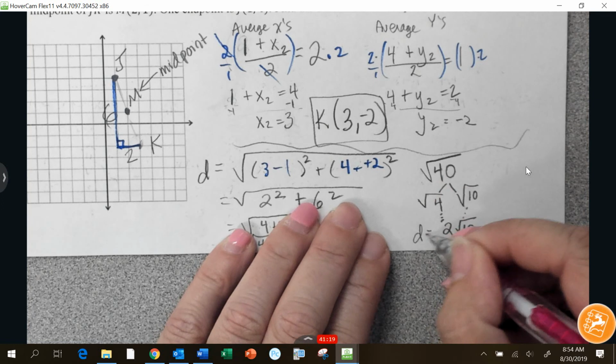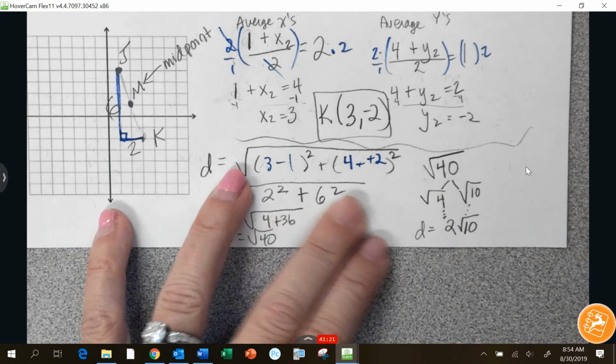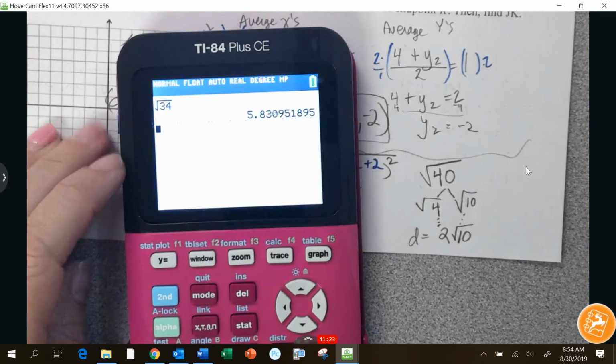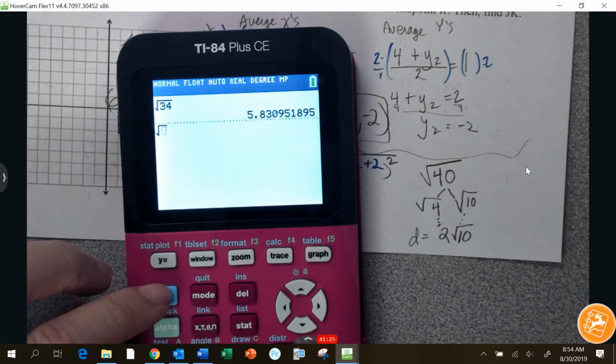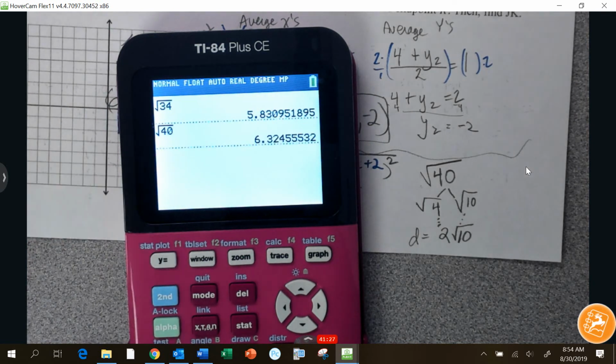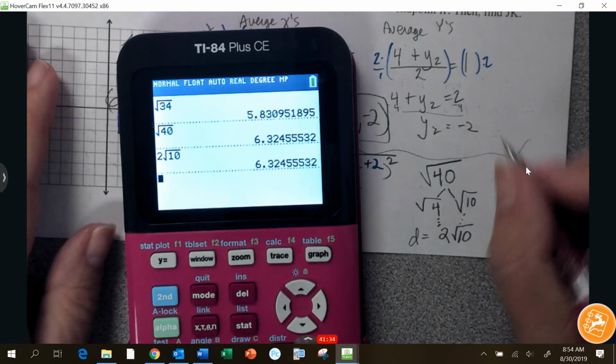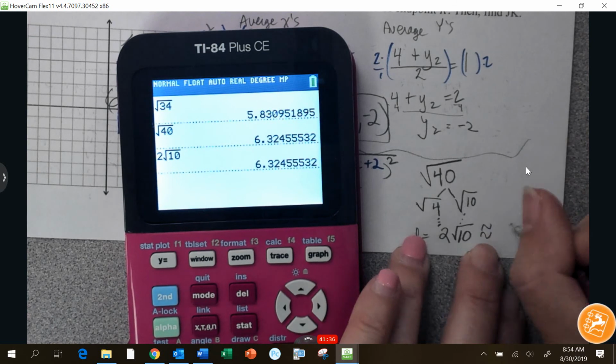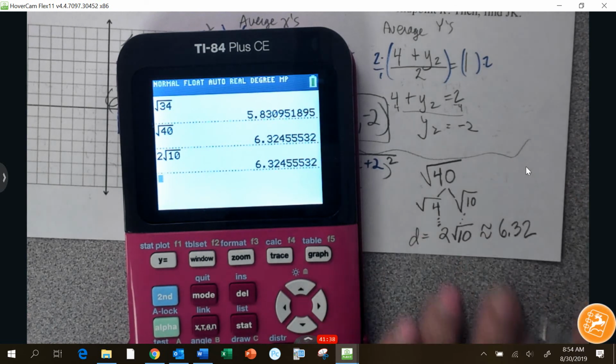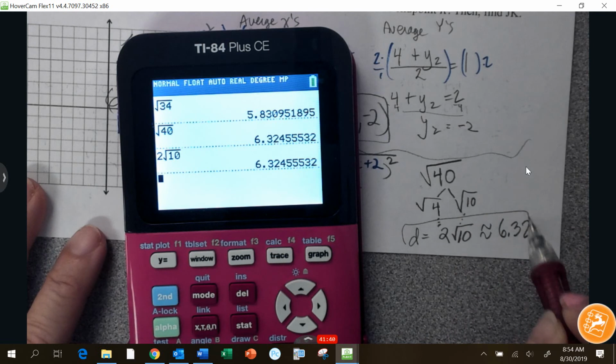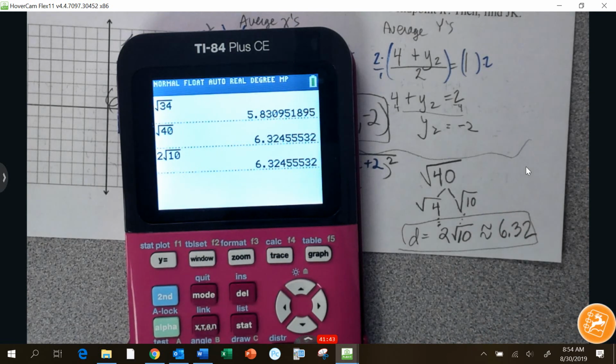So one of my answers is 2 square root 10. The other answer, if I do square root 40 or 2 square root 10, either way I type it in. If I type it in both ways, I can check them, right? It is approximately 6.32. That's how long that segment is.